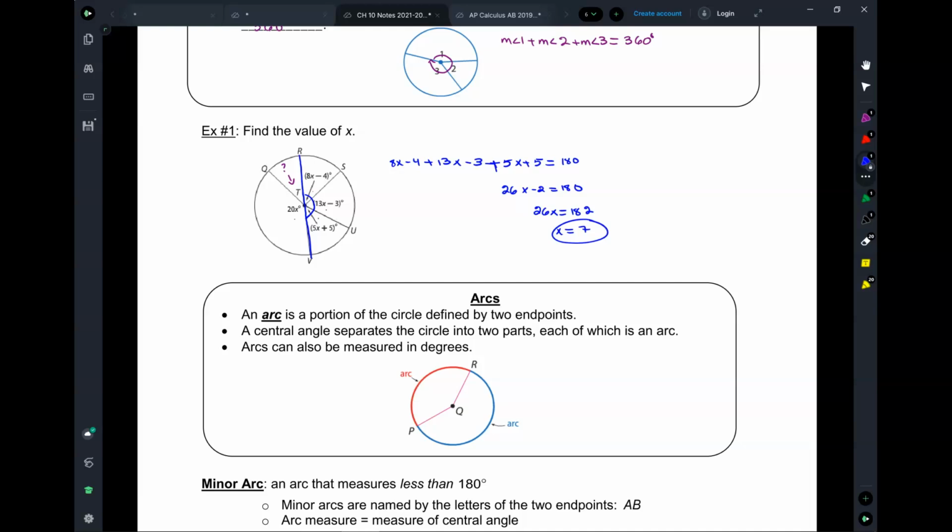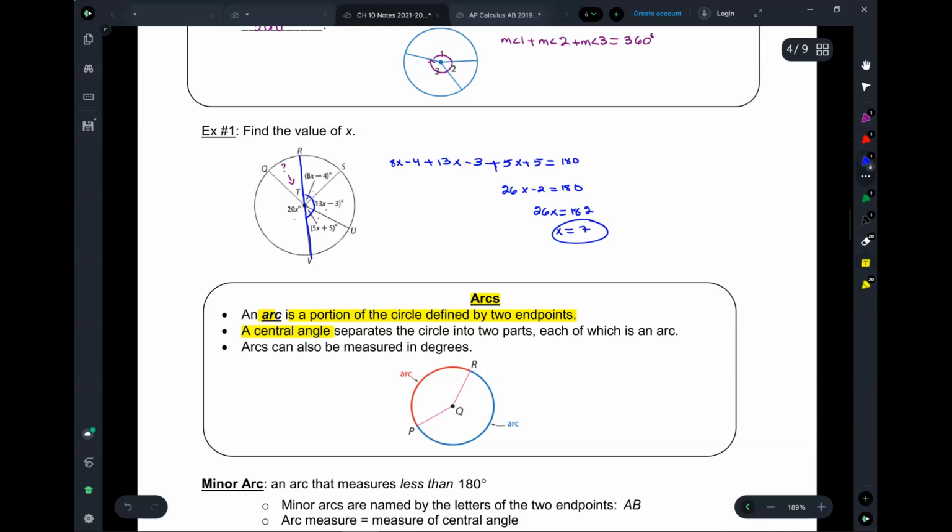Now let's talk about an arc. An arc is a portion of a circle, and it is defined by 2 endpoints, meaning it starts and ends at an endpoint. If you have a central angle, it separates the circle into 2 parts, each of which is an arc.